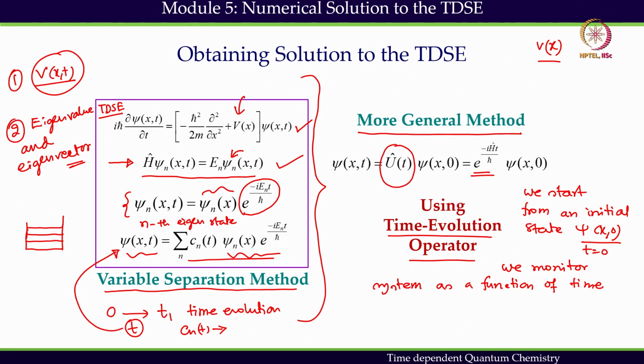And in this module, we will find out what are the properties of this time evolution operator, and how numerically one can implement this idea, so that using Python programming one can find out at different times how the wave function is evolving. Once we know the wave function at a particular time, we will be able to find out its average position and many experimental observables. We remind here that this form, this time evolution operator, is a general solution of TDSE actually.